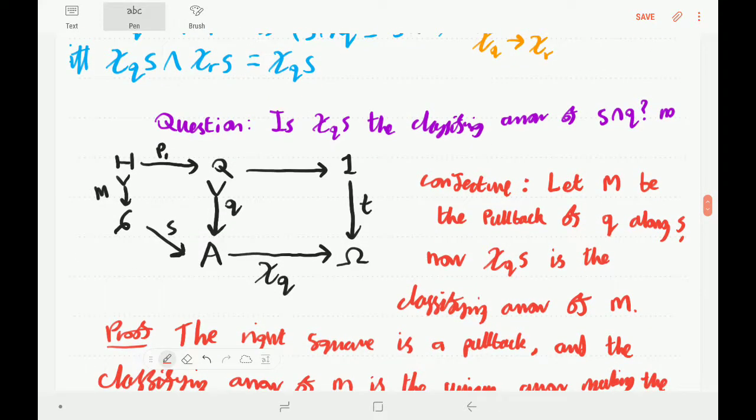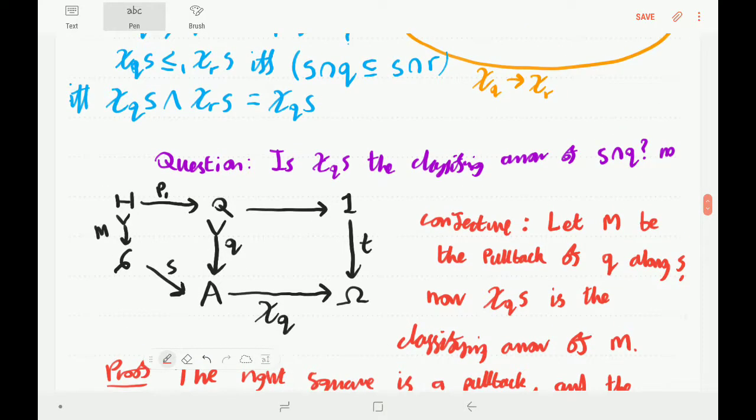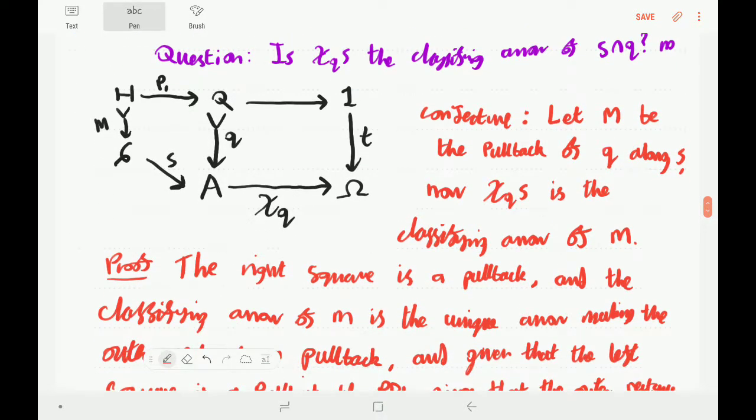So I actually had to establish a lemma to get this.